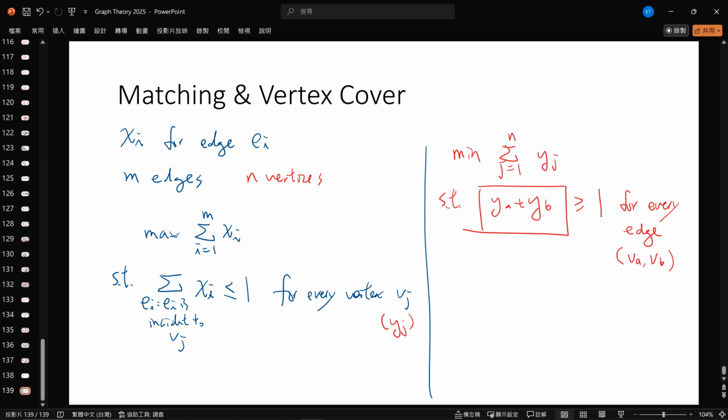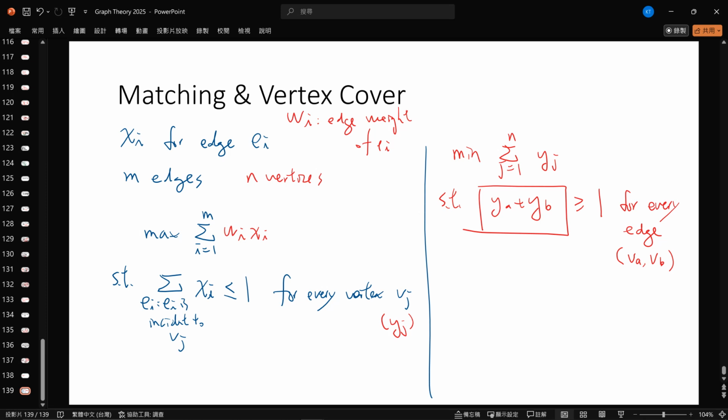So my suggestion is that whenever you have to create the dual problem in the general form, first observe some simple examples to have some observations. Okay, so this is matching and vertex cover. And by the way, if you want to consider the weighted problem, all you have to do is add this weight Wi, which is the edge weight of ei.